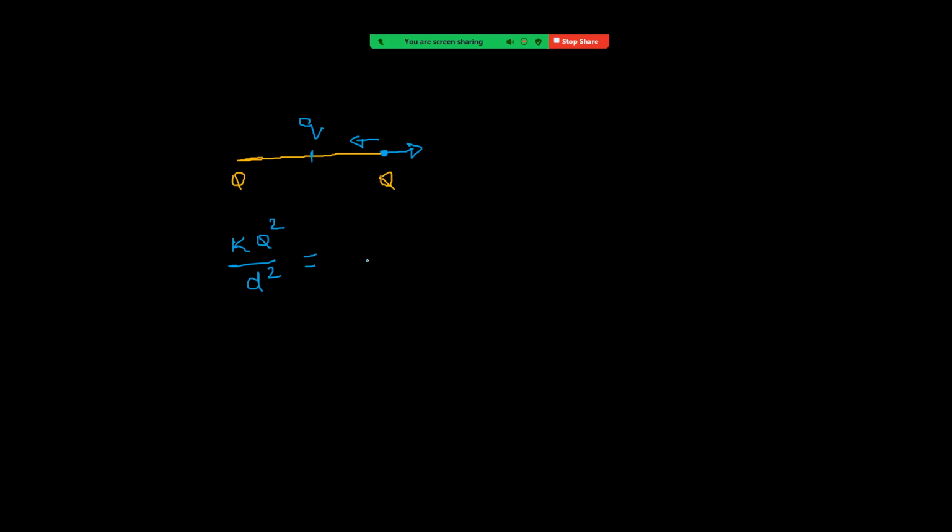Because to balance, it is k into Q into capital Q, and midpoint means the separation is D by 2, so D square by 4. So D square gets cancelled.